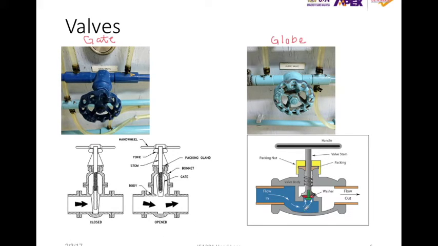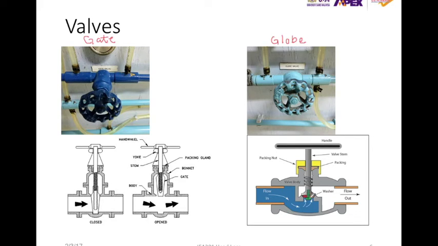But for the globe valve, it has a more transitional change in flow through the pipe. Once we open the valve, there is a steady increase of flow with the degree of opening of the valve.